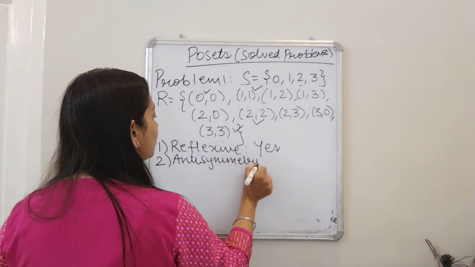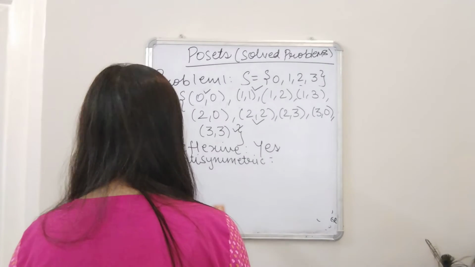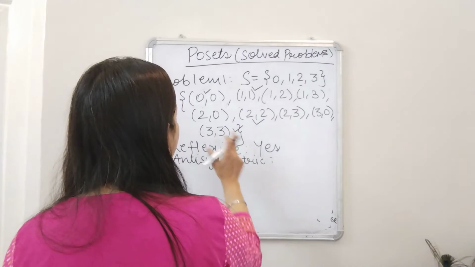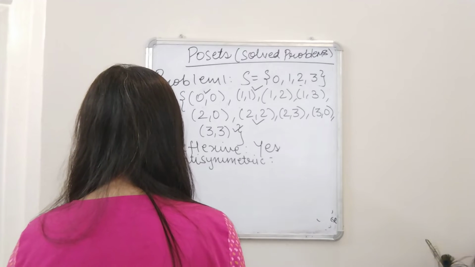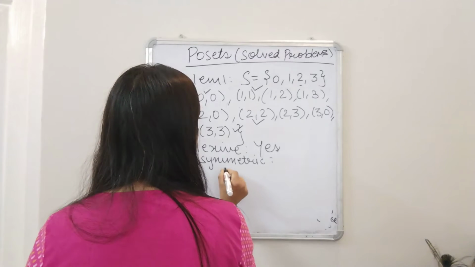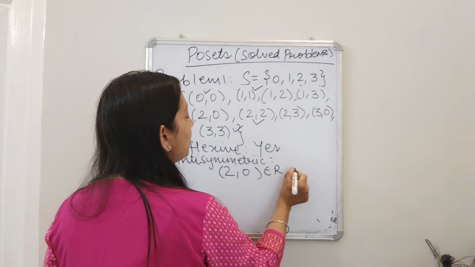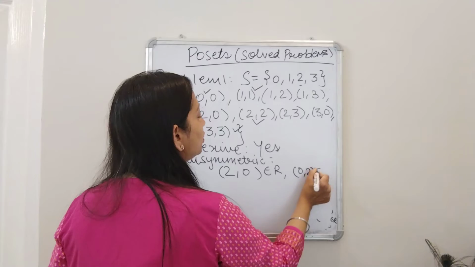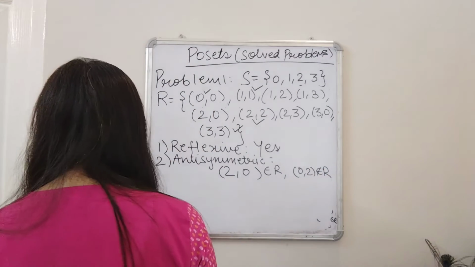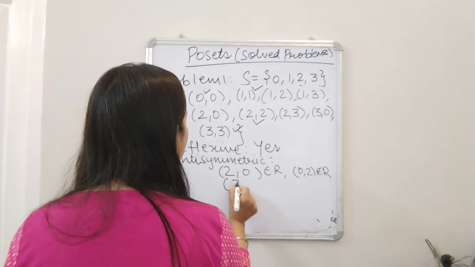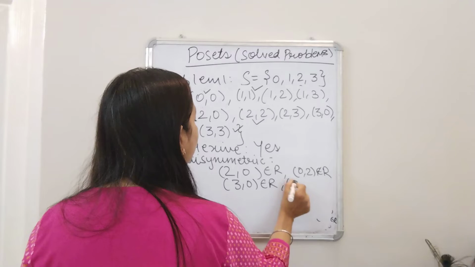Okay, for antisymmetry, what are the pairs that I have in the form of AB and BA? 2, 0 and 0, 2. So 2, 0 belongs to the relationship set, but 0, 2 does not. Then 3, 0 belongs to the relationship set here, but 0, 3 does not.